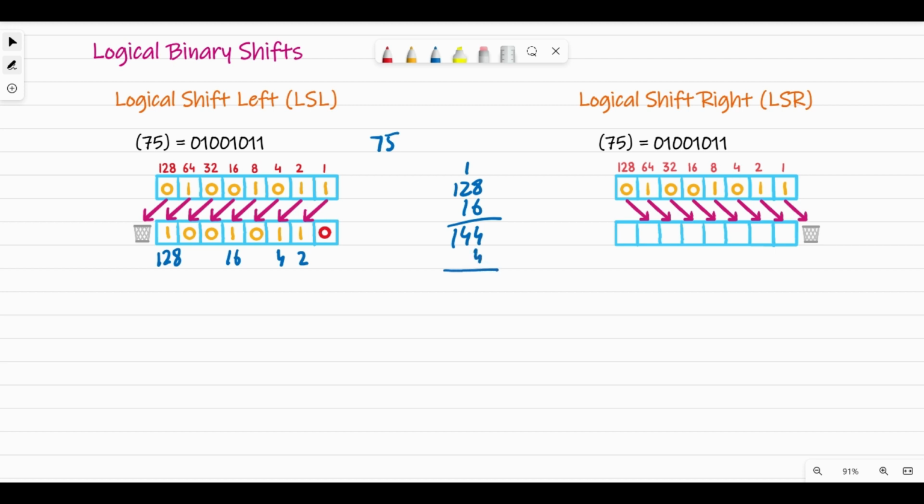Then plus 4 is 148. Then plus 2, it's 150. So the new binary value has the value of 150. This is the binary value for 150.